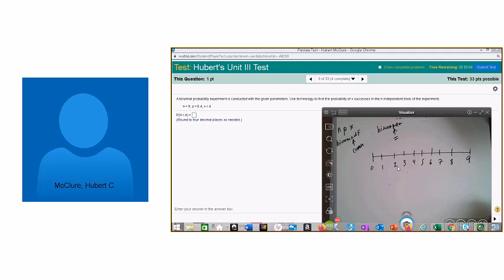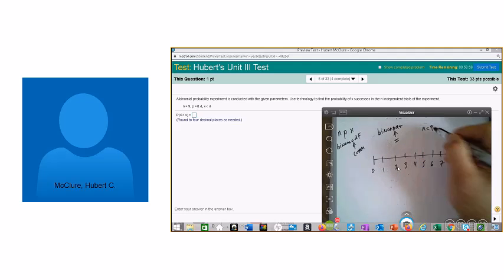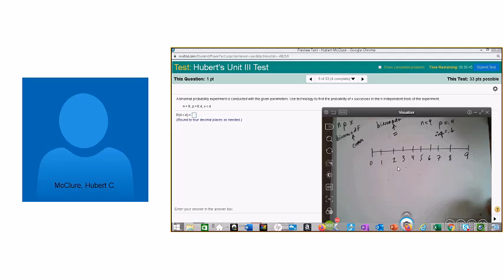Okay? Now, our question says n is equal to 9. That's where I got the 9 from. P is equal to 0.4. Therefore, Q is equal to 0.6. And you only need to know that if you use the formula, which we're not going to use. We're going to use the calculator.